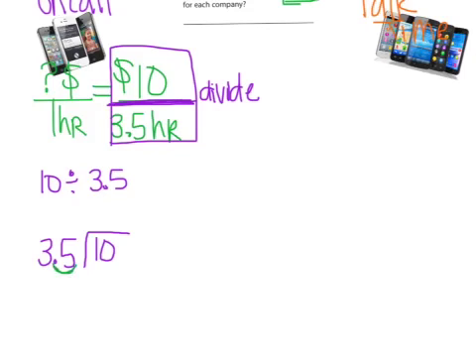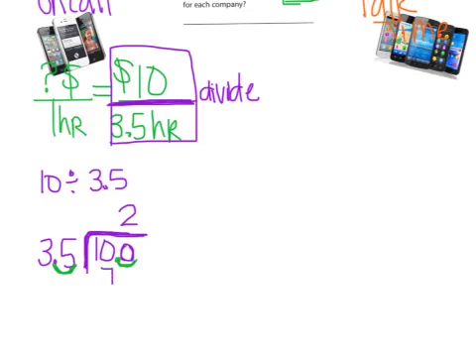If I move this decimal point over 1, I have to put a decimal point in this number and move it over 1. That creates the number 100. So you need to divide 35 into 100. It should go about 2 times, so I'm going to put 2.